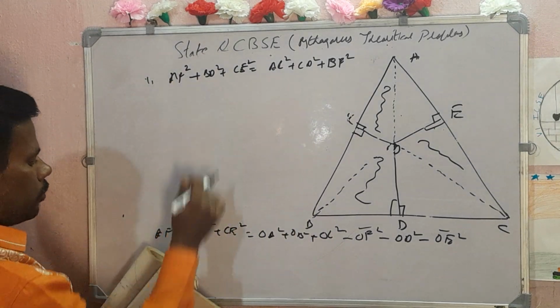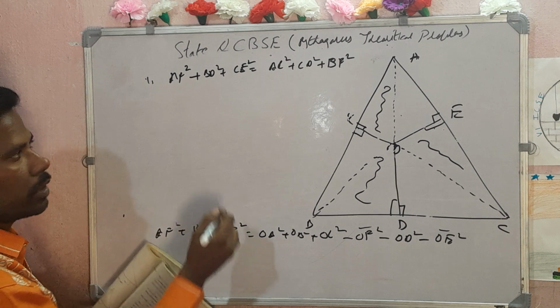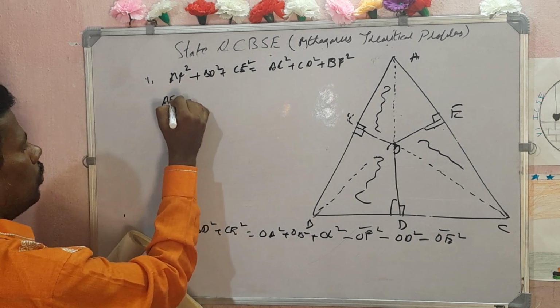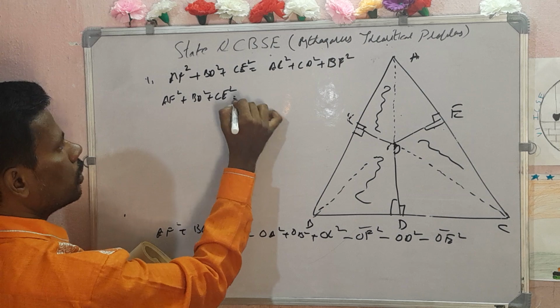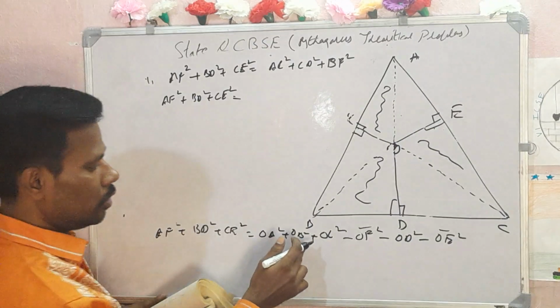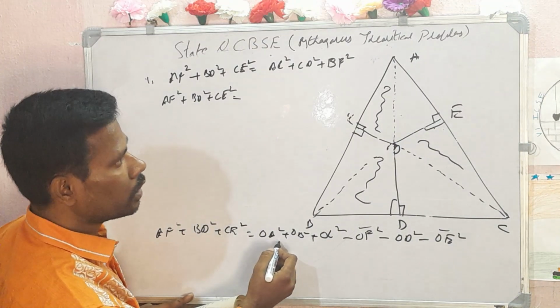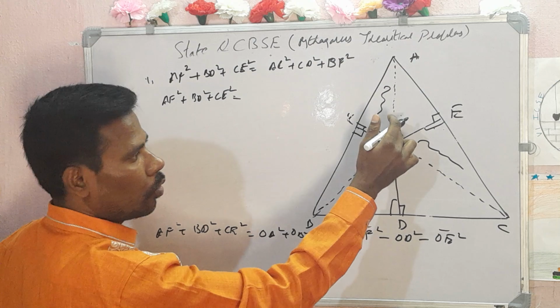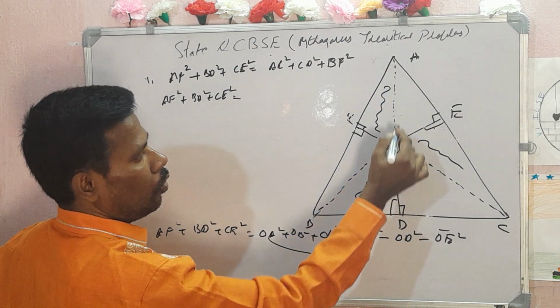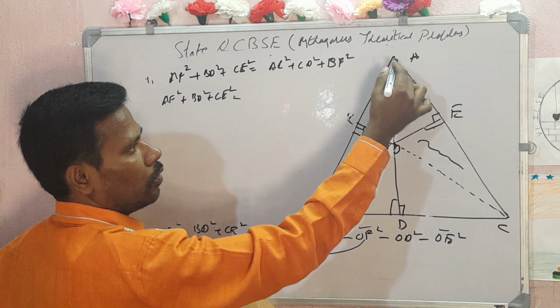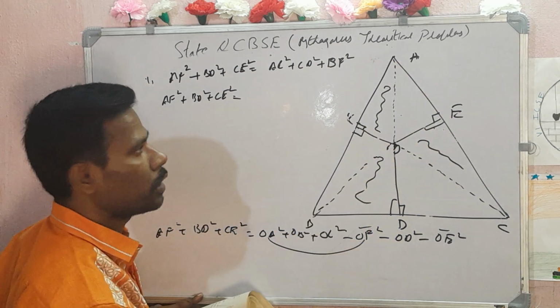See here, AF square plus BD square plus CE square remains as it is. So AF square plus BD square plus CE square is equal to, from this, OA square minus OF square.